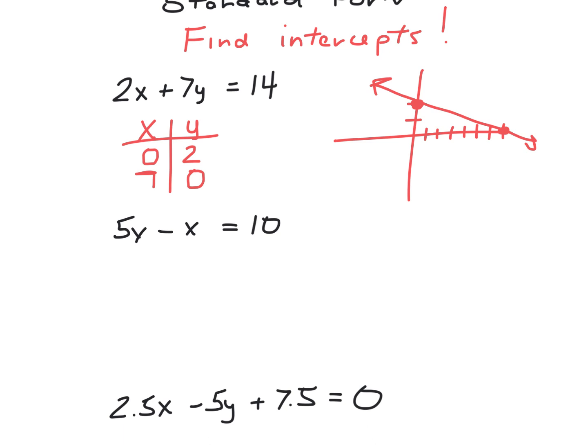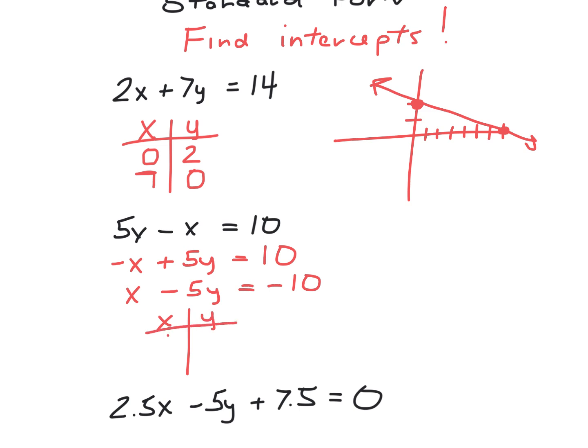Next example here, this is not in standard form. To put this in standard form, I would need to switch these around and make the x positive. And then doing the same thing. To find the y-intercept, I'm going to put 0 in for x, covering up the x.